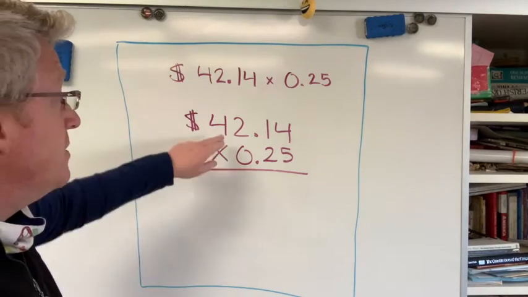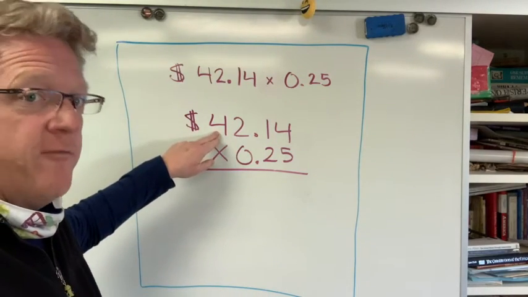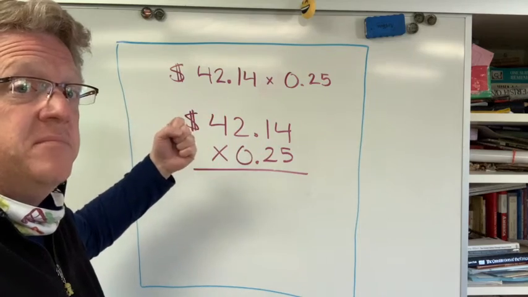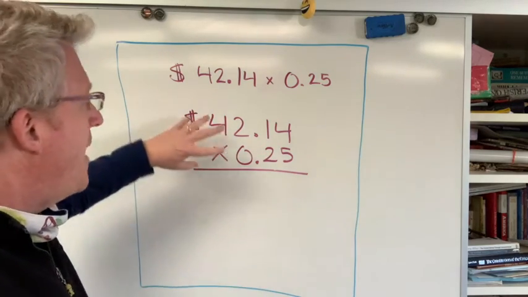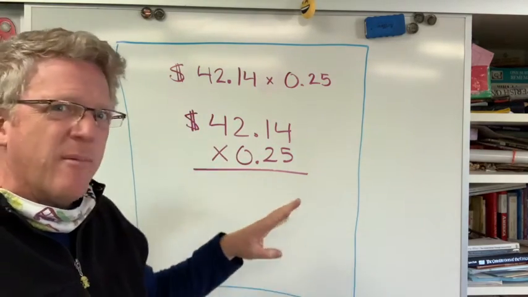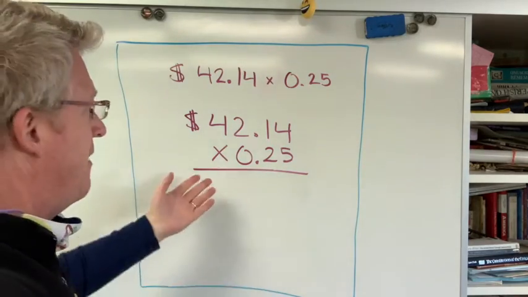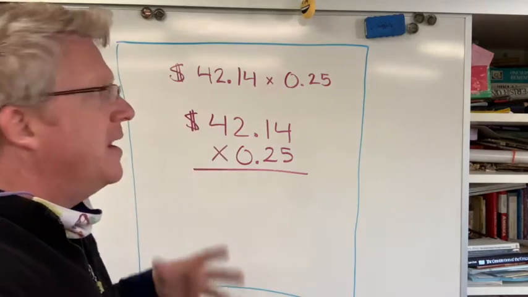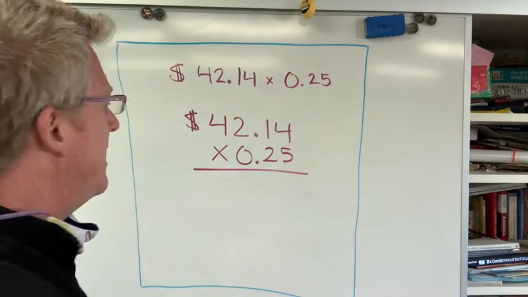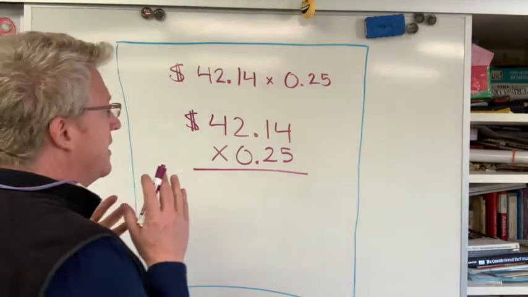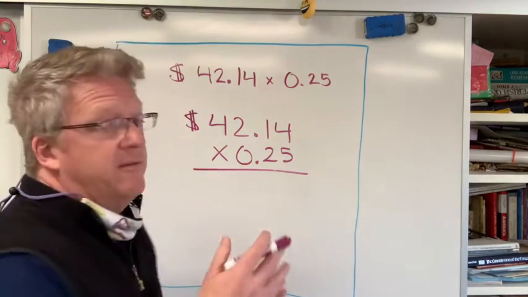Well, if this was just a 40, what's 1/4 of 40? 10, right? So my answer is going to be somewhere in the neighborhood of 10. And it's going to be a little bit off of that, but that's because obviously we're not dealing with 40, but it's close to that. So that's going to be a good estimate for us to keep in mind.